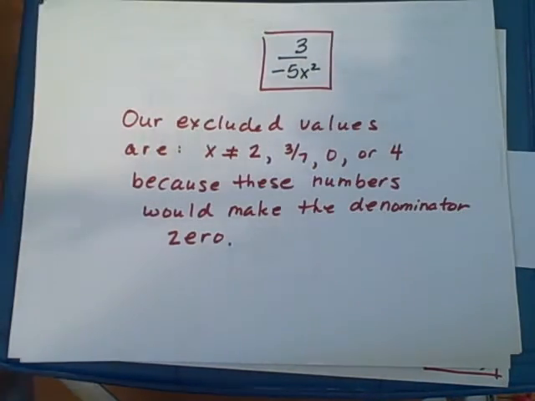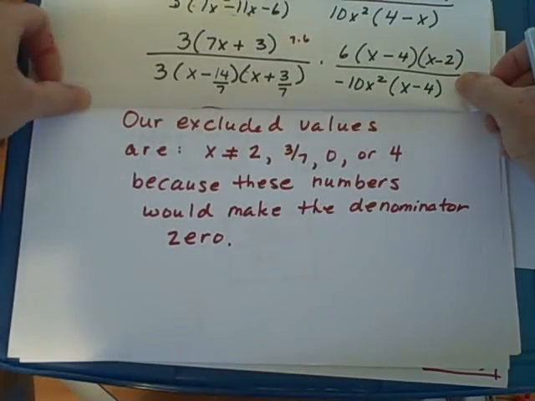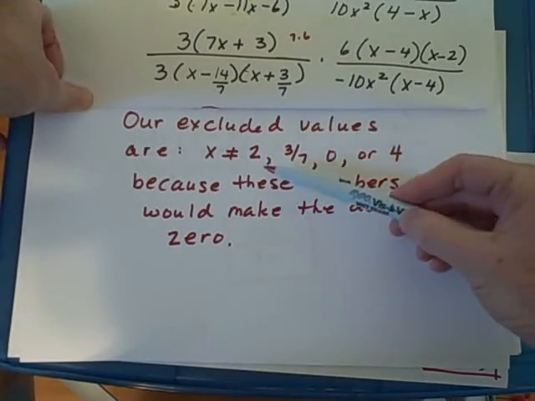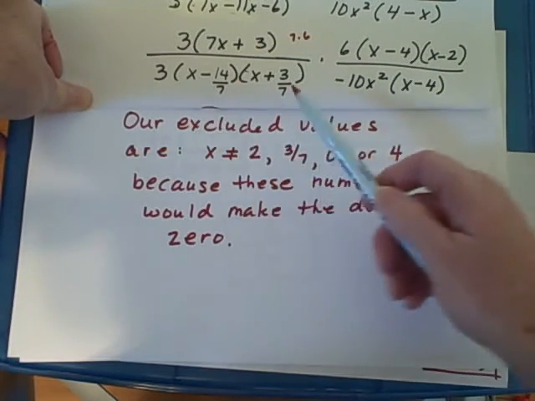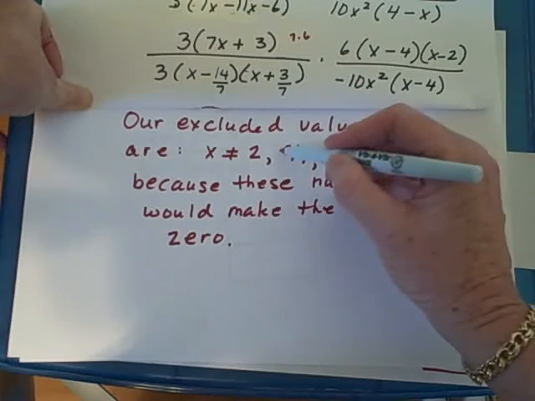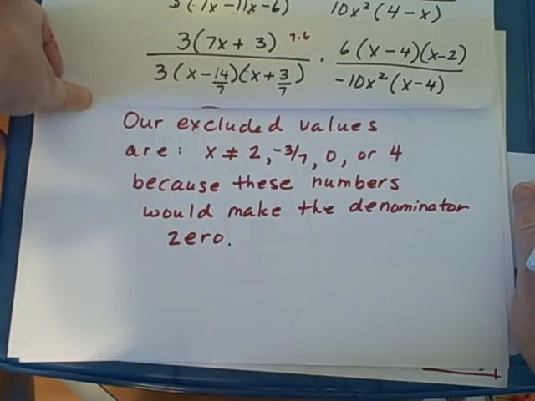If we go back and look at our terms, we can then see what numbers we cannot divide by. Our excluded values are going to be 2, because if I put 2 in here, that would cause this to be a 0. We can't use negative 3/7 because negative 3/7 would make that 0.